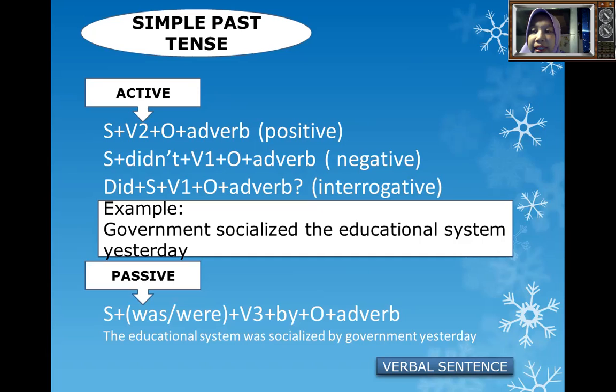So the educational system is subject, while be here is was. Be for past is was or were, depending on the subject. Plus verb 3 plus by plus object plus adverb. Verb 3 is socialized. Object is government. And yesterday is adverb of time or time signal.